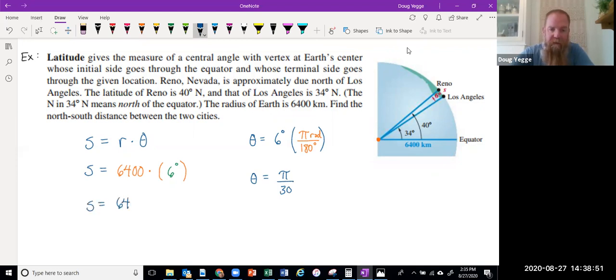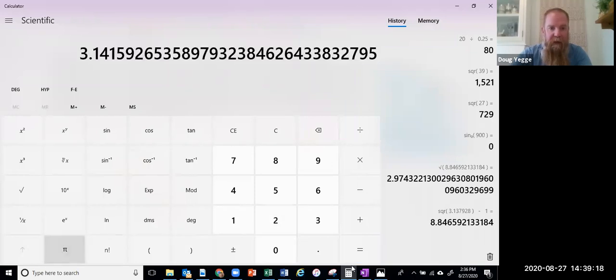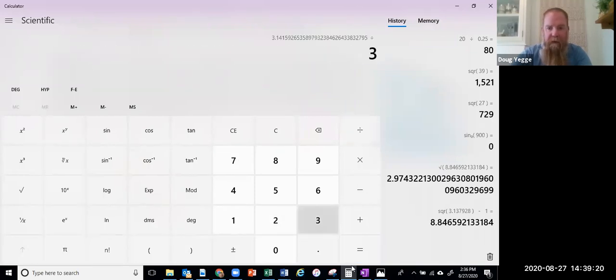So now we can plug in our radian measurement: 6,400 times the radian measurement of pi over 30. But it doesn't make sense in an application to keep things in terms of pi. I wouldn't say 6,400 pi over 30 kilometers for this distance. So instead, we're going to come up with a decimal approximation and multiply. Let's take pi divided by 30.